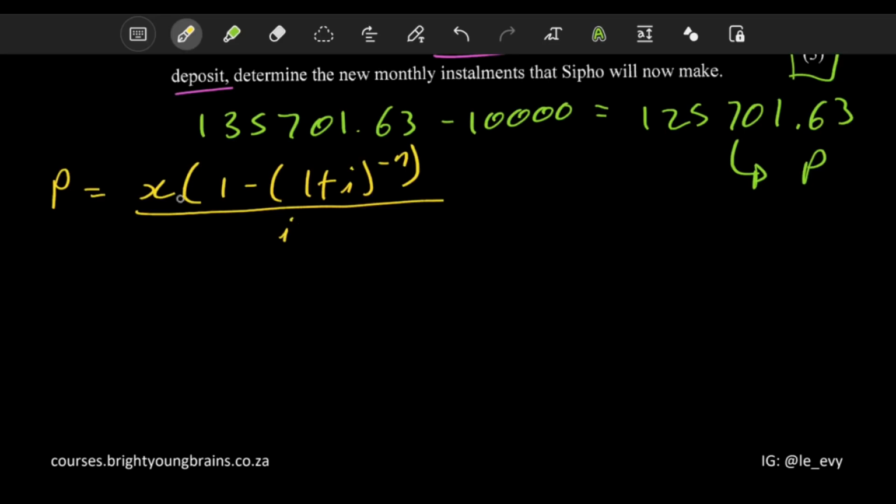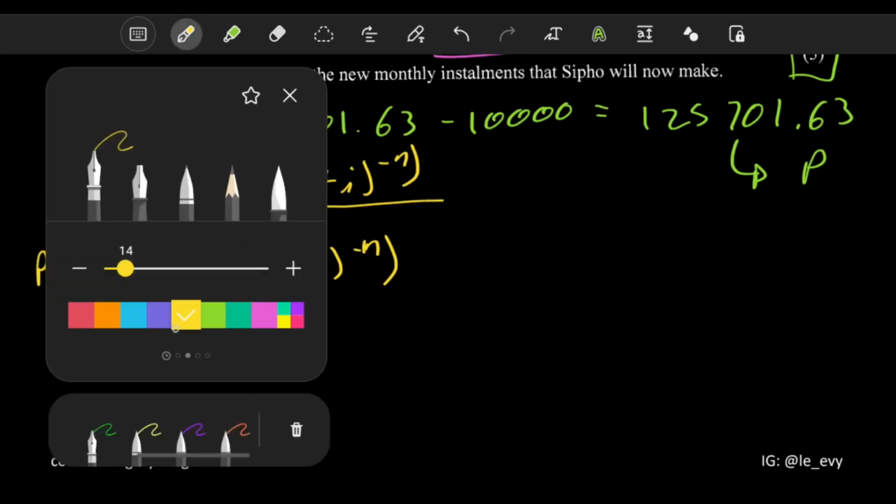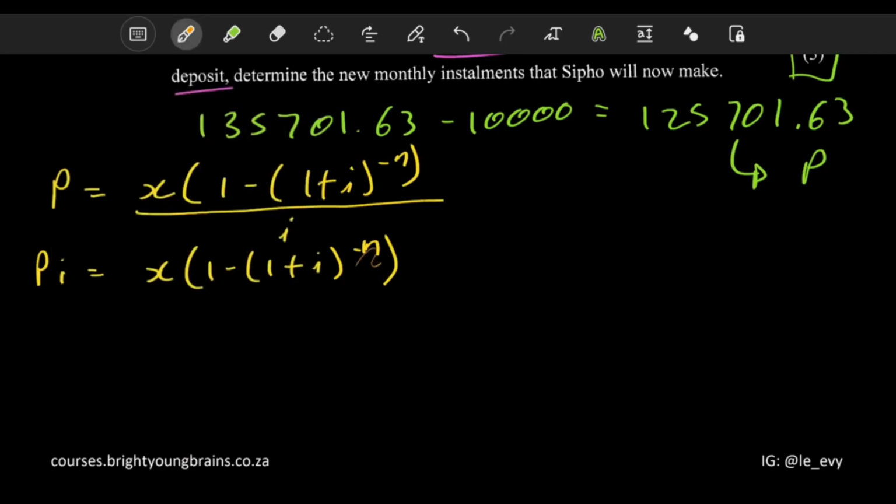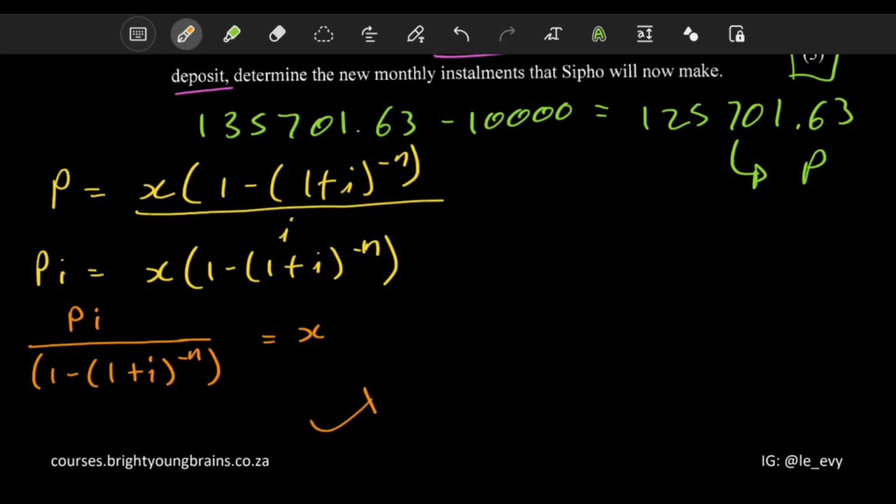So we multiply by i on both sides, and then divide both sides by 1 minus (1 plus i) to the power of negative n. And then this is what our x value is.